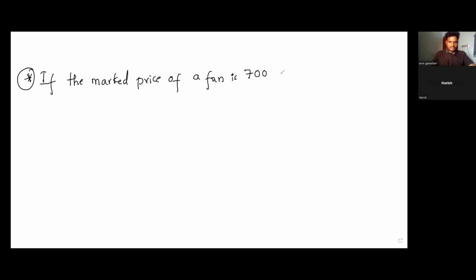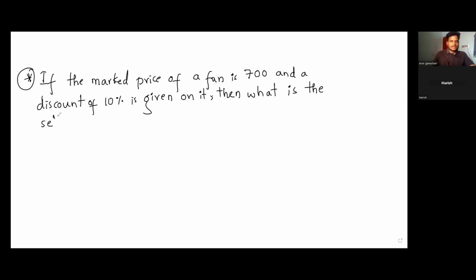If the marked price of a fan is 700 and a discount of 10% is given on it, then what is the selling price of the fan?